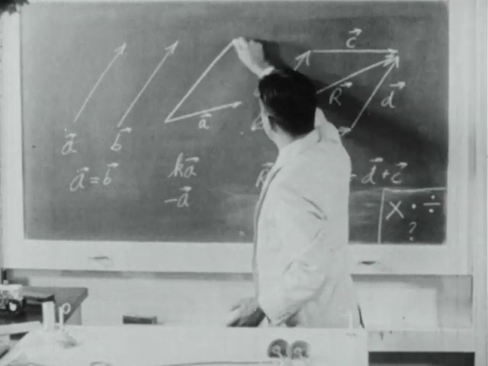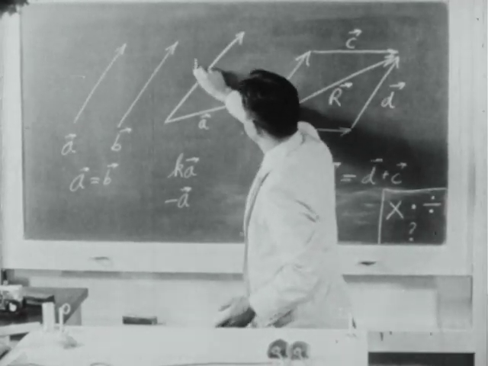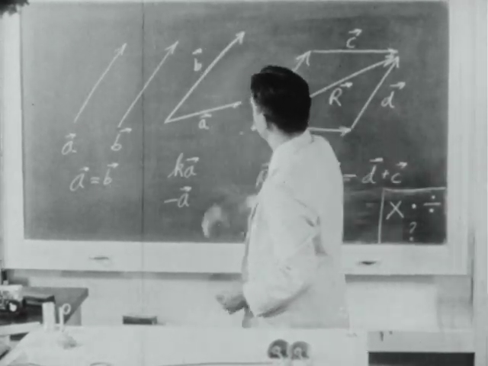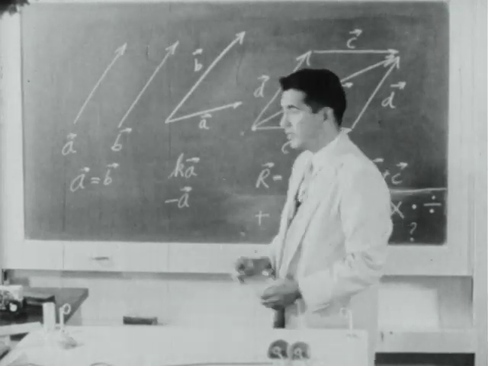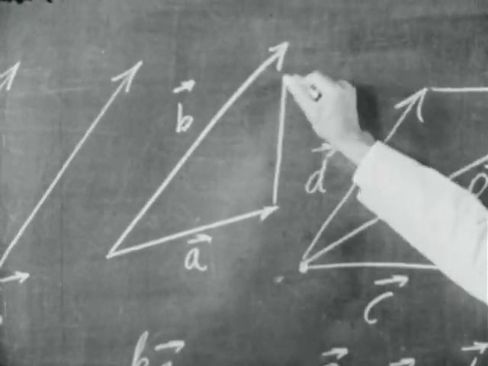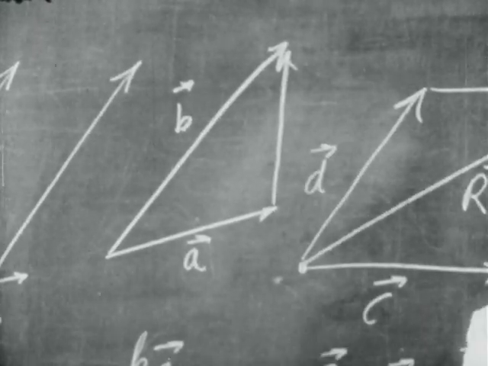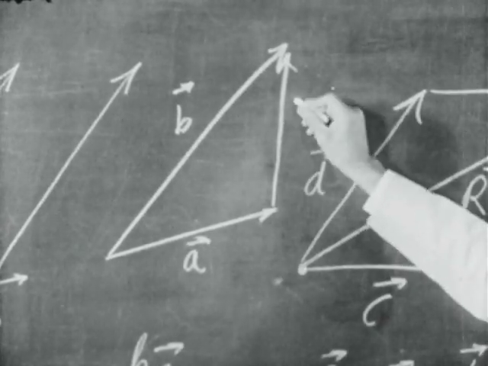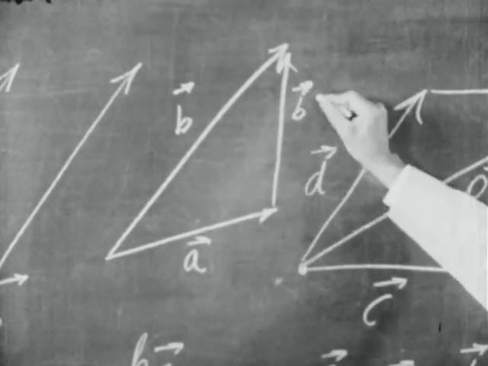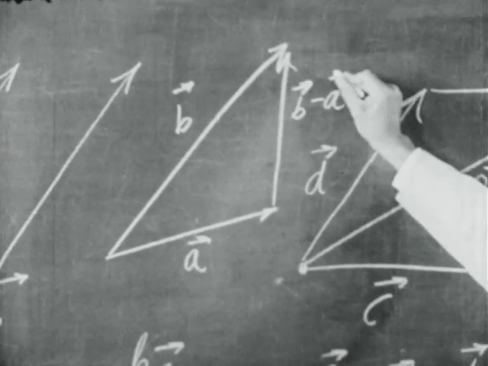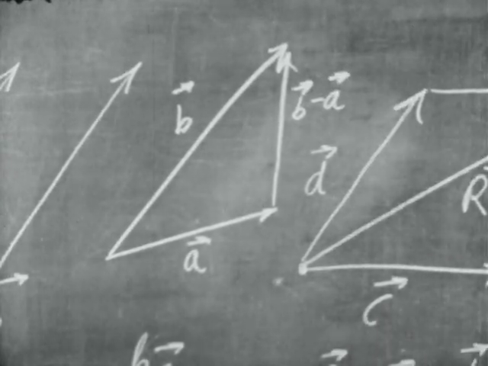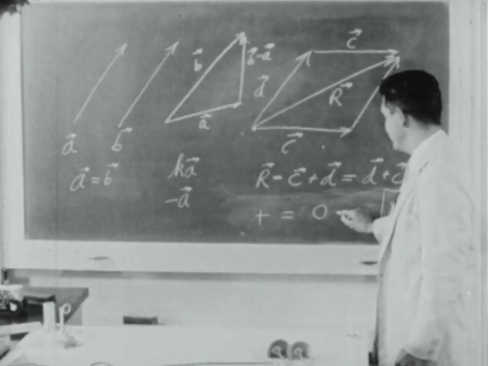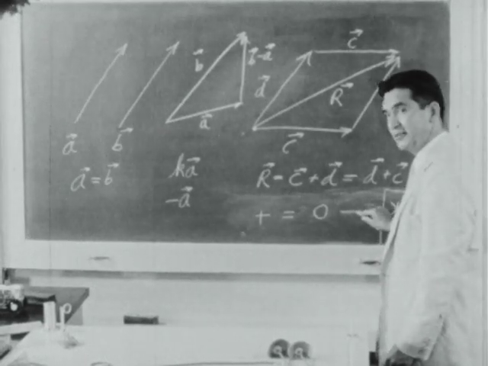And let's say this is B. The rule is that you go from here to here. And the symbol that we will associate with this will be B minus A. And now I have added one more symbol here to my algebra.